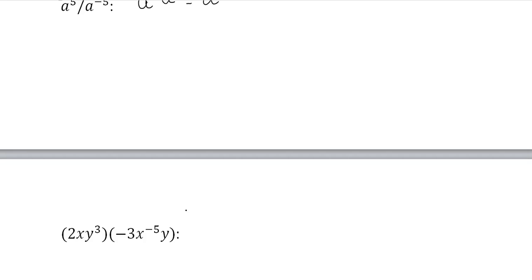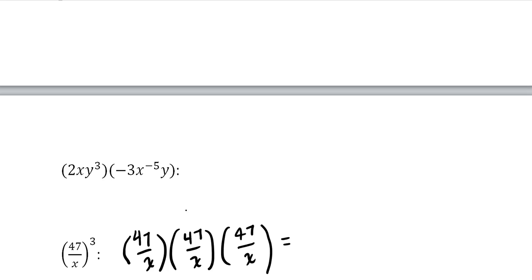All right, moving along here, I am going to write this out, and it feels like it's going to be a lot, but when we reduce it, I think it'll make it clearer why these things are the way they are. So I'm going to have my 2x, and then my y, I'm going to show that I'm multiplying that by itself 3 times.